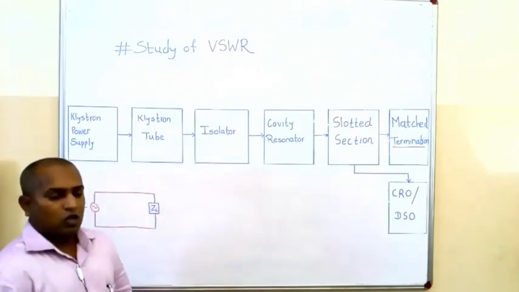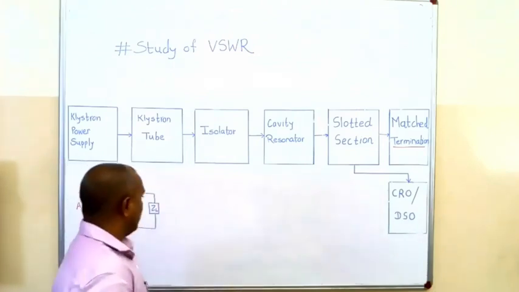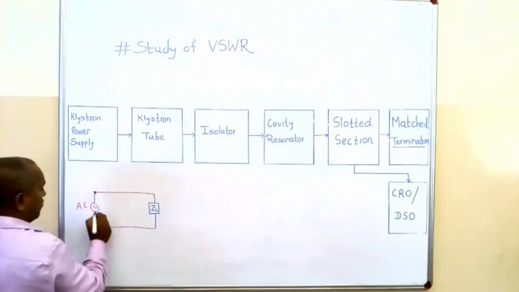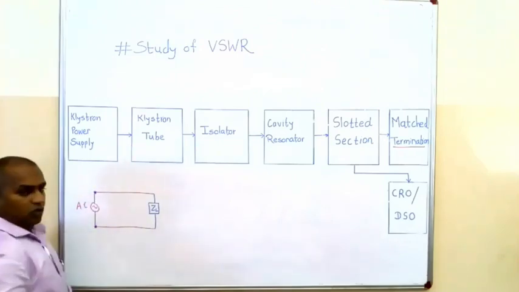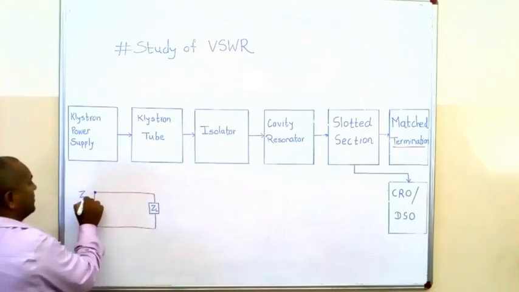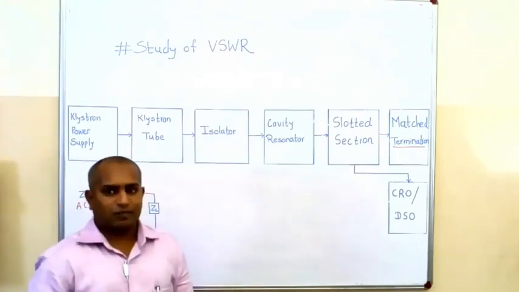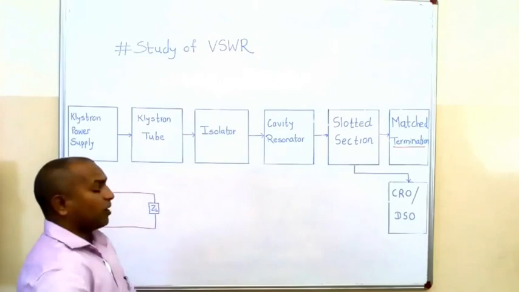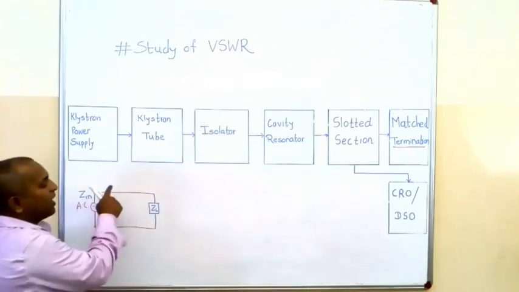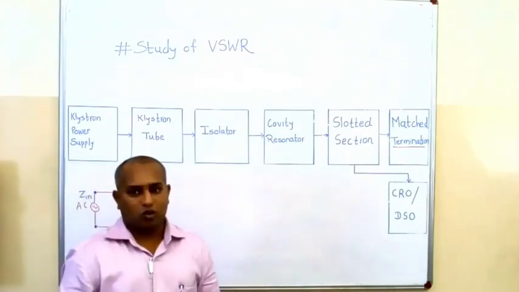According to the maximum power transfer theorem, when we apply the input voltage across these two terminals, the impedance across these two is your Zin. According to the maximum power transfer theorem, when your Zin perfectly matches with ZL, at that time maximum power is delivered to the load.